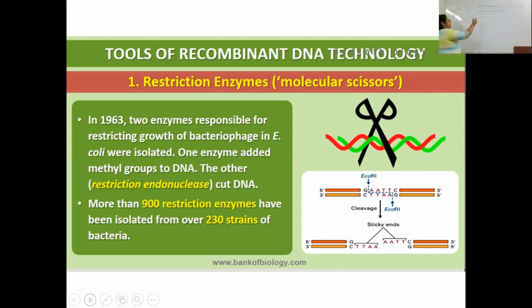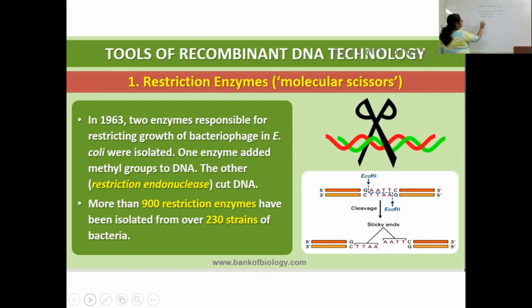Okay, so in this piece of DNA, the restriction site is GAT. Okay, so restriction endonuclease will cut here. Now, during cutting, two options are available.